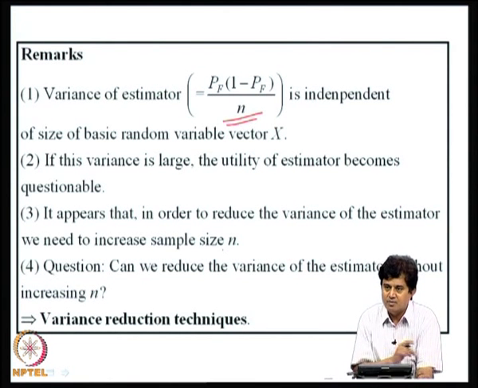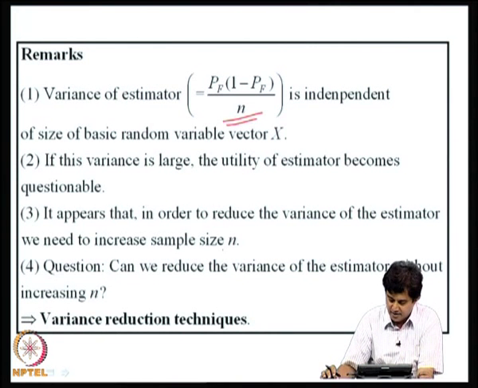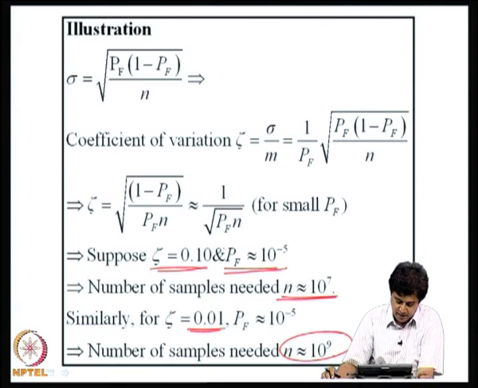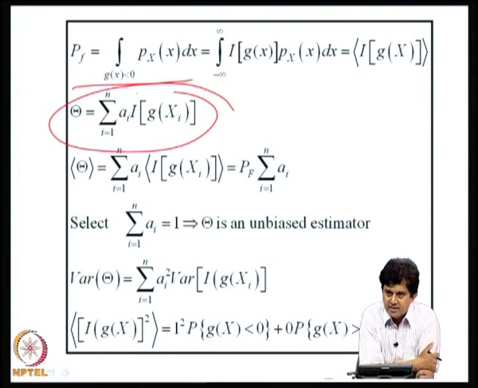Variance can be reduced by increasing sample size, but are there any other ways of reducing the variance without increasing sample size? So, for a given value of n, instead of using this as my estimator, can I modify this estimator and reduce the variance? The sample size is fixed.